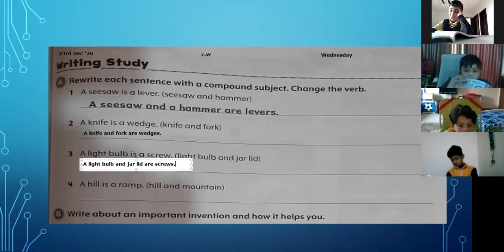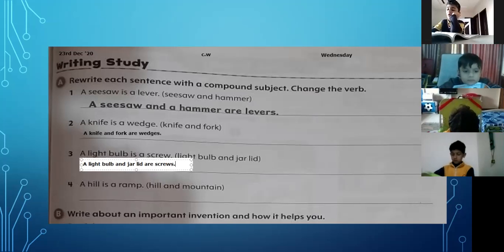Okay, number 4, Abdullah Junaid will tell me. Abdullah Junaid, number 4, beta, you will tell me, okay? A hill is a ramp, and the bracket words are hill and mountain. So you have to make a sentence using multiple subjects.